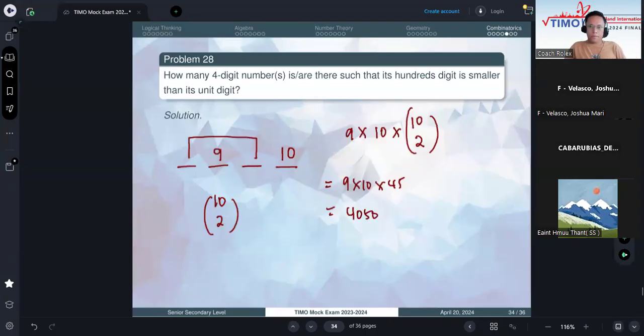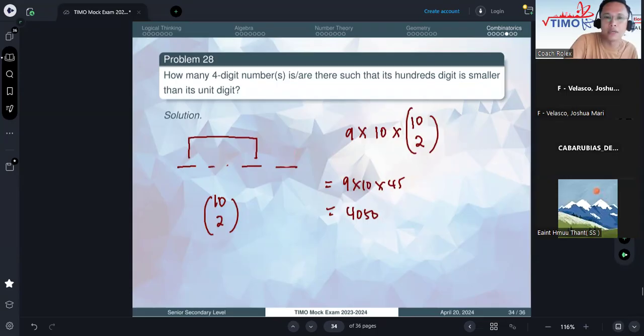Now, if you have 10 possible choices for the last digit, then smaller than, okay, that is possible. If ever 9, of course, there is no other smaller number than 0, so that is why your hundreds digit becomes 10. And this becomes 9, and anyhow, this is still the same.